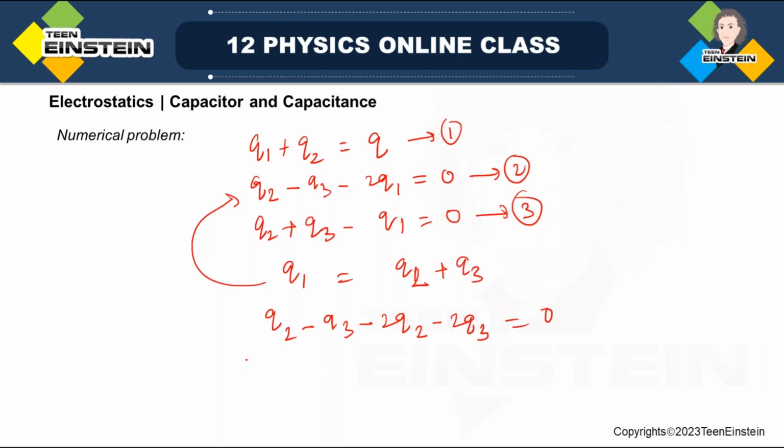This is equal to 0. So look, I then have minus Q2 minus 3Q3 is equal to 0. This will give you Q2 is equal to minus 3Q3.